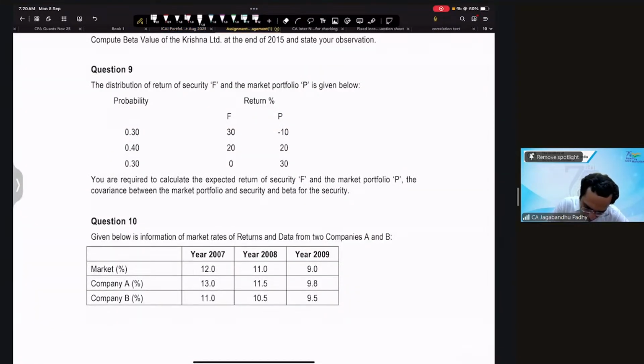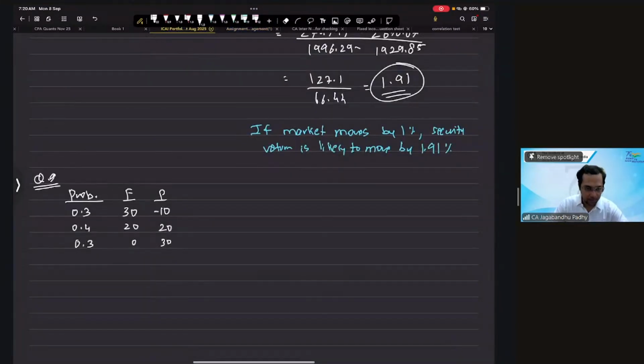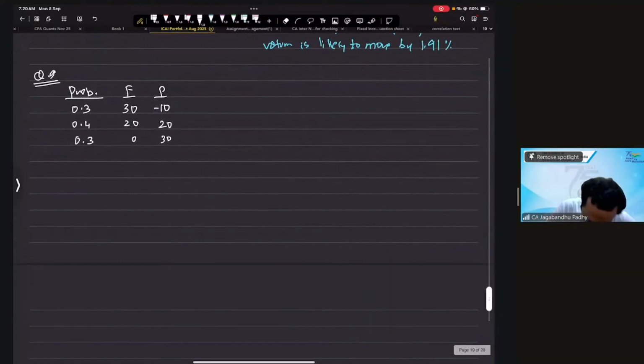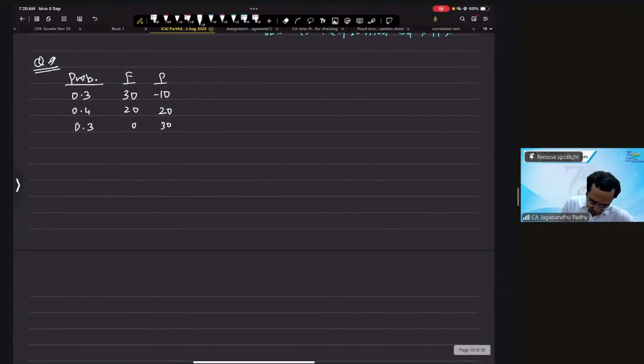Now we have to compute the beta. To compute the beta, we definitely need the expected return.